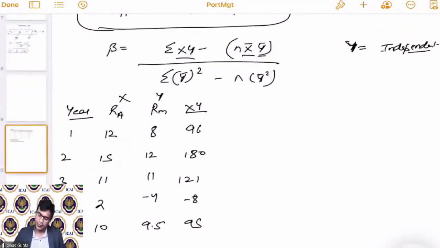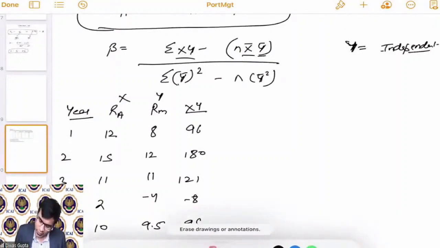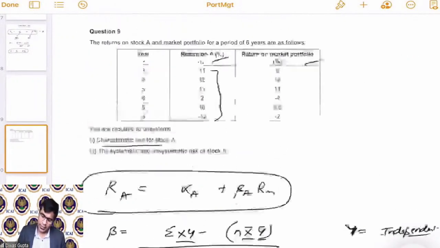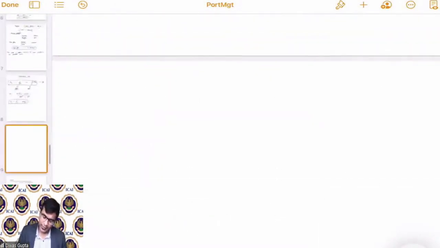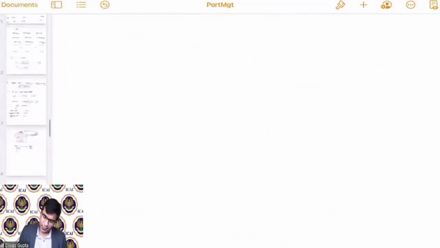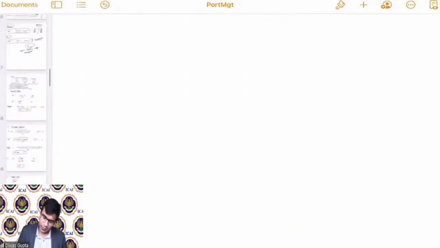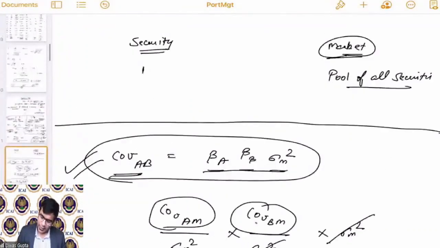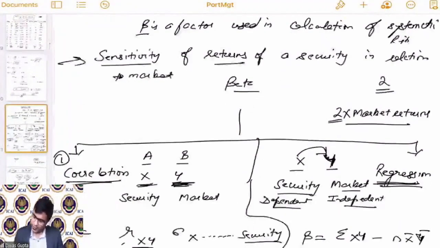And also, sorry, this is not Y bar here. Please note this correction in the formula. This is just Y square. Let me just check the formula that we have written in the earlier stage. This is the regression technique formula that we have put here.